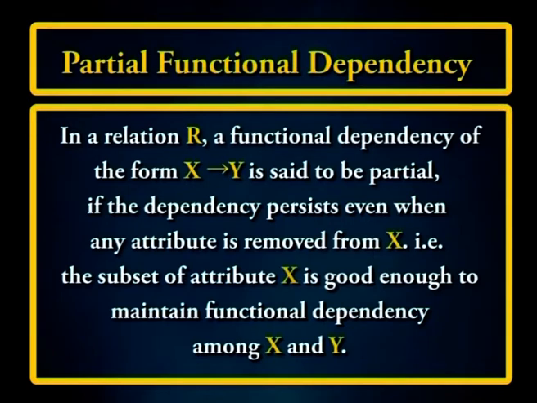In a relation R, a functional dependency of the form x arrow y is said to be partial if the dependency persists even when any attribute is removed from x, that is, a subset of attribute x is good enough to maintain the functional dependency among x and y.